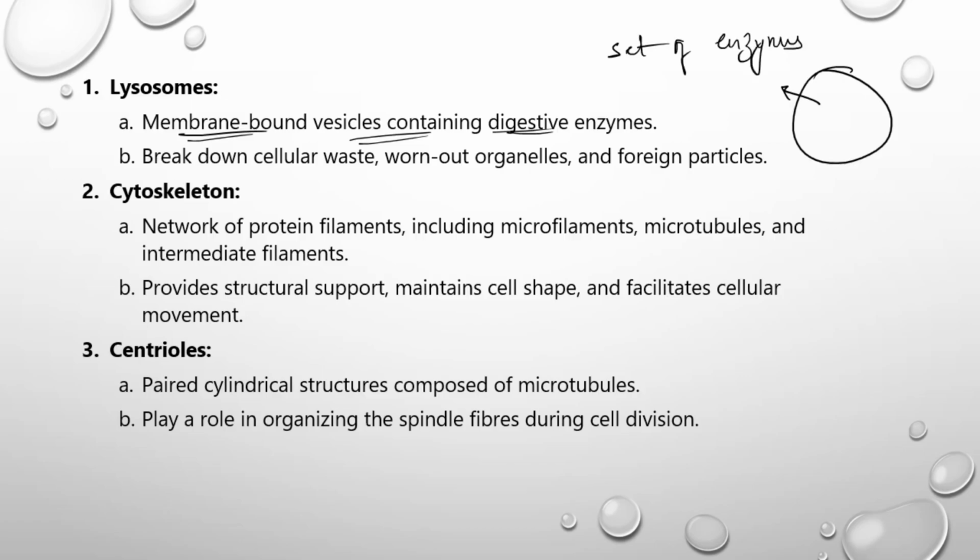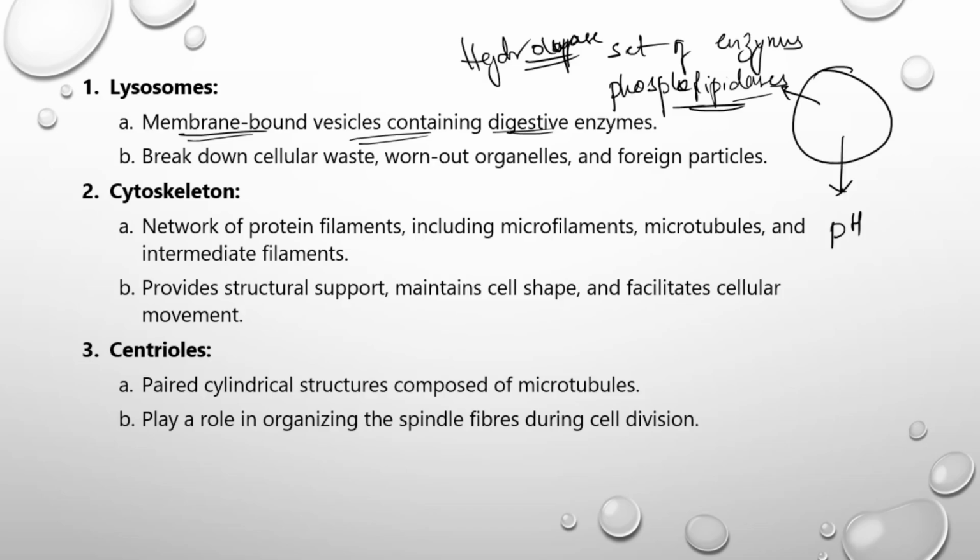Numerous enzymes are present in the lysosome, which may be phospholipases, which digest the phospholipid molecules present in the cell membrane, or hydrolases, etc. There are numerous cell digesting enzymes present in the lysosome, but these enzymes are active only when the pH of the lysosome is less than 5. These enzymes work under acidic conditions.